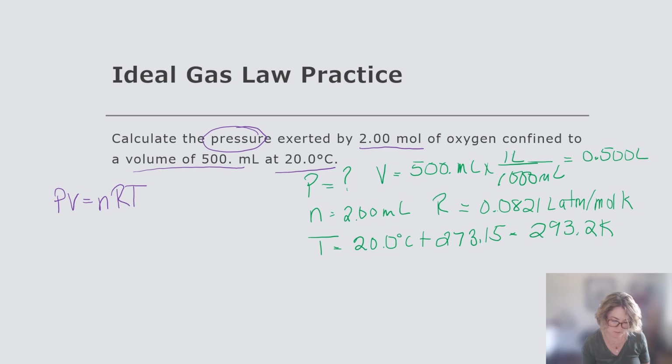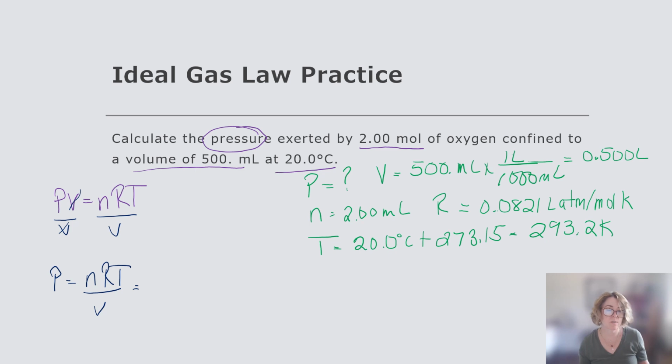All right, so once I have all of my variables set up correctly, and they are all in the correct units, I am going to take my equation and rearrange it to solve for the variable that I'm looking for. Since I'm looking for pressure, I'm going to divide both sides by volume. So pressure is going to be equal to nRT over V. Then this is just a matter of putting all my numbers into the equation.